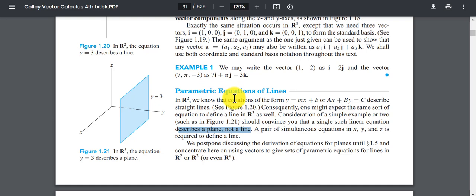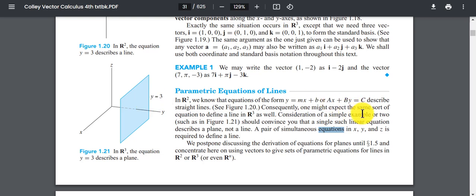To get a line, we're going to need 2 equations in x, y, and z. One equation in x, y, and z gives a plane, and another equation gives another plane. When you have them as simultaneous equations, meaning you want a solution to both of them, you can imagine one plane and another plane somewhere else, and those 2 planes are going to intersect in a line. So that's how you pinpoint a line: by giving 2 equations in x, y, and z.